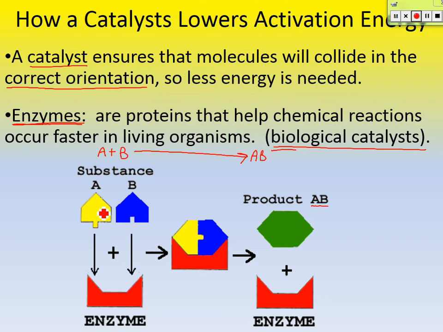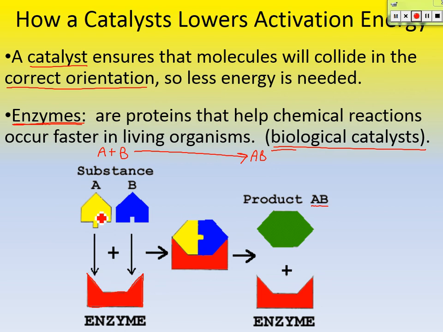So how does a catalyst work? Well, it makes A and B here collide in the correct orientation every time. So there's less time spent fumbling around between A and B and bouncing off each other in incorrect orientations. So an enzyme or a catalyst provides a surface for these reacting molecules to react upon.